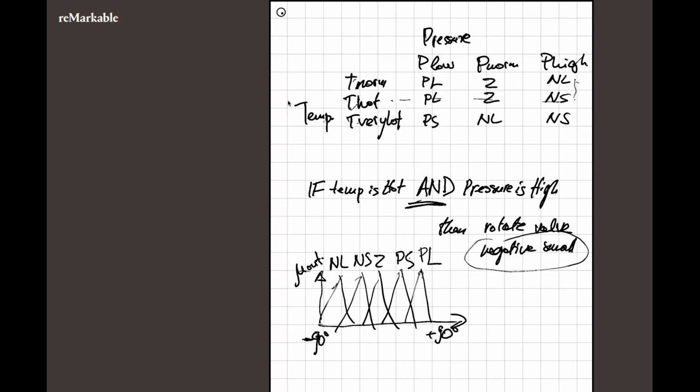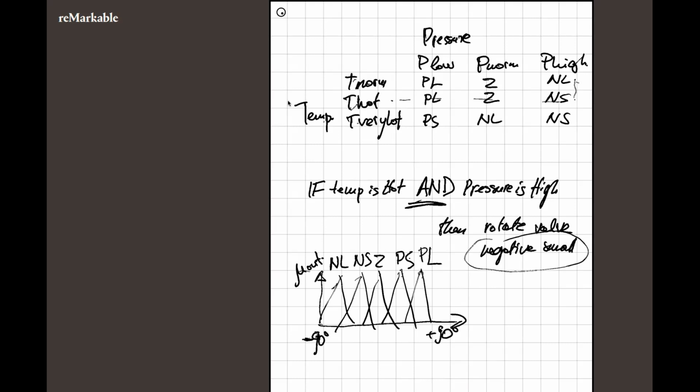So finally, what is important to complete this story? We have these rules that map input fuzzy values into the output fuzzy value.